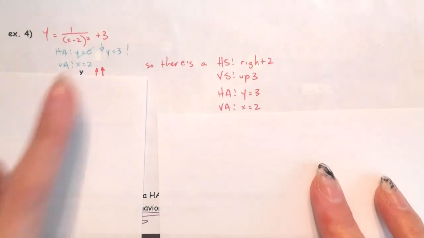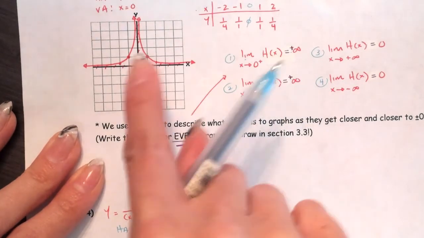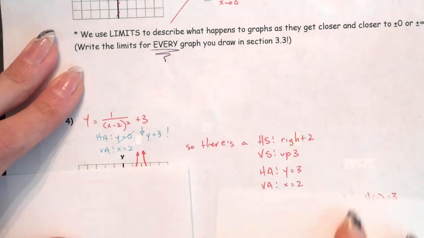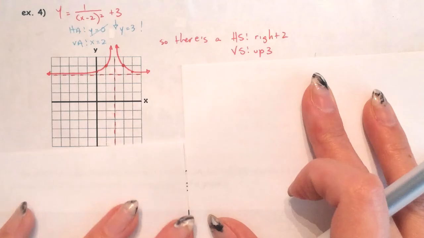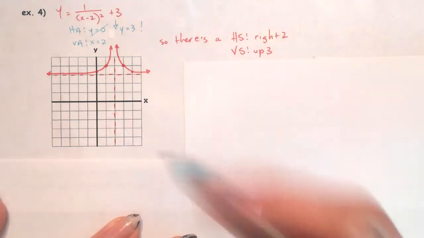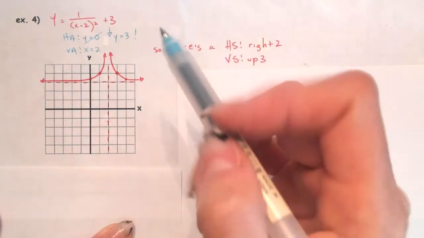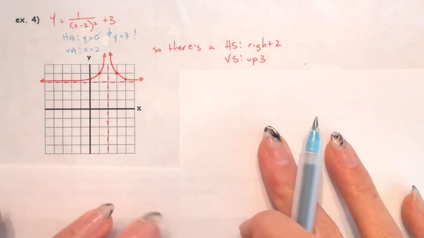You're drawing exactly the same thing, but shifted to the right and shifted up. So it's just transformations, right? You're translating it to the right and up. Or you can do a little XY chart and you would still get those, all right? So it's up to you.